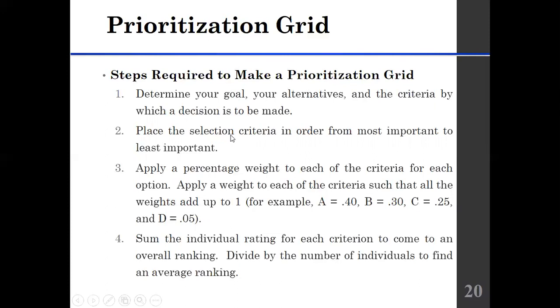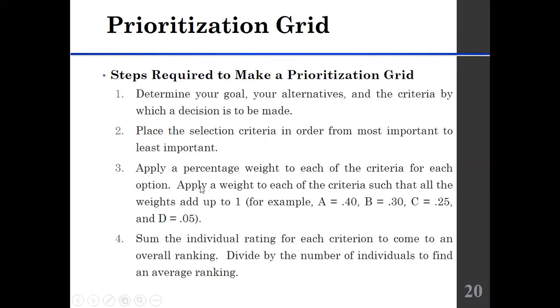Place the selection criteria in order from most important to least important. This is actually a sorting type of thing. In the third step, what we need to do is apply a percentage weight to each of the criteria for each option.